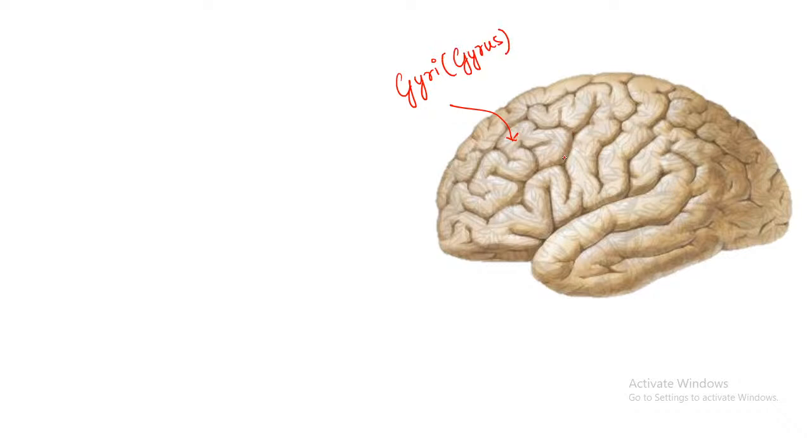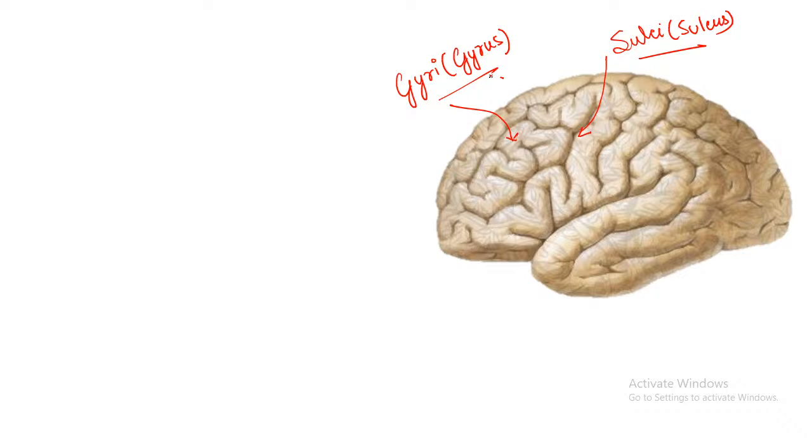And the deep grooves between the swollen parts are known as sulci, or sulcus. So the outside appearance of the brain is convoluted. It looks like a tube put in a very convoluted manner, with sulci and gyri. That is the external feature of the brain that you have to describe. It is a structure full of gyri and sulci.